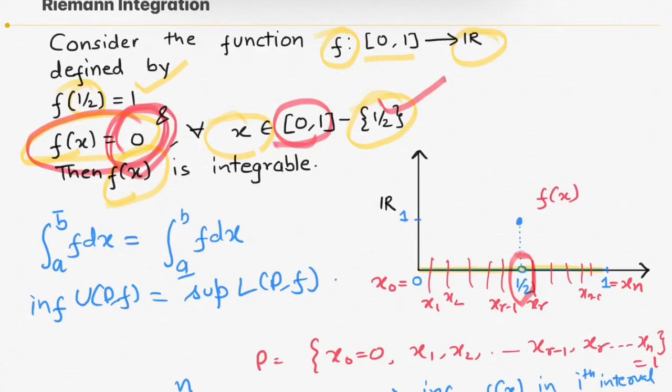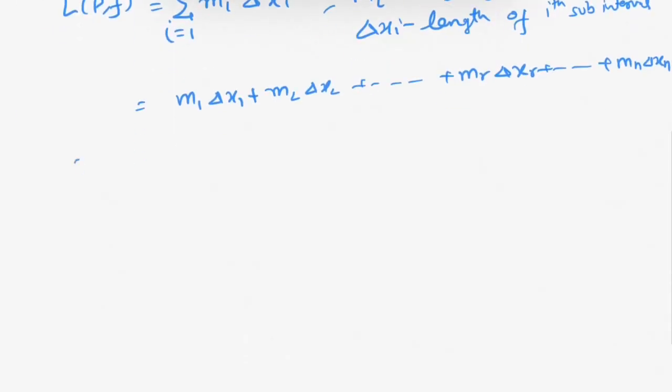So the infimum of function f will be 0 in every subinterval, even in the rth subinterval. Hence small m_i, the infimum, equals 0 for all i. That means the infimum of function f(x) will be 0 in every subinterval.